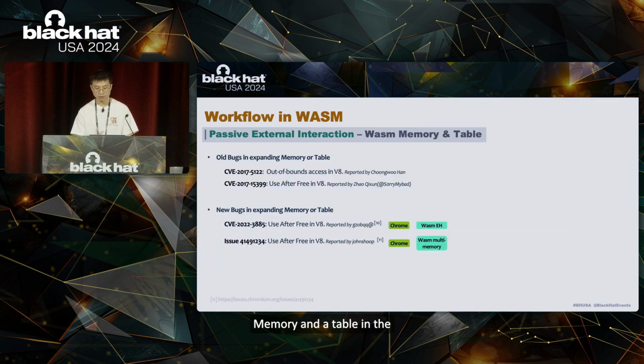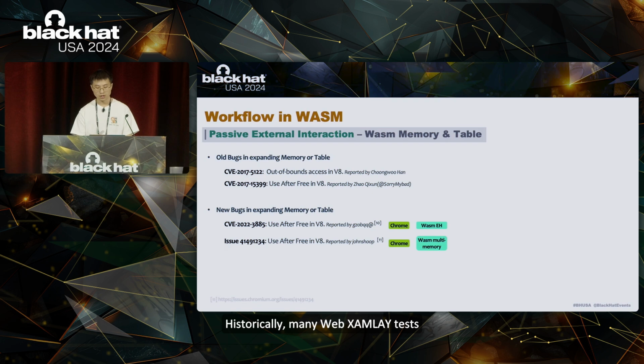Memory and table in the WebAssembly virtual machine serve as isolated memory for storing data. However, in the design of JavaScript, they are fundamental JavaScript objects, typically implemented as array buffers. As a result, they retain some characteristics and attack surface of array buffers.